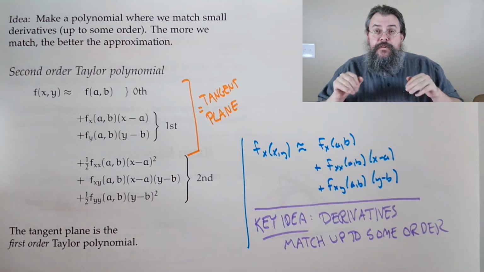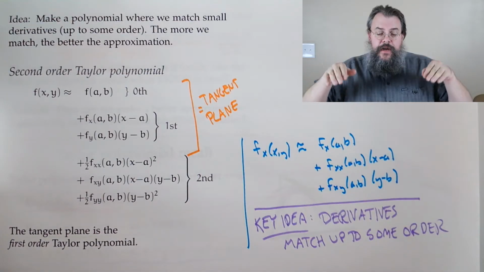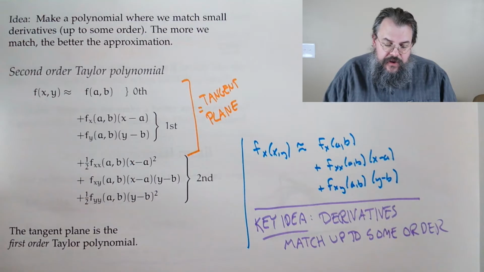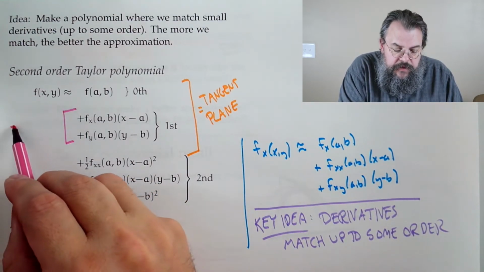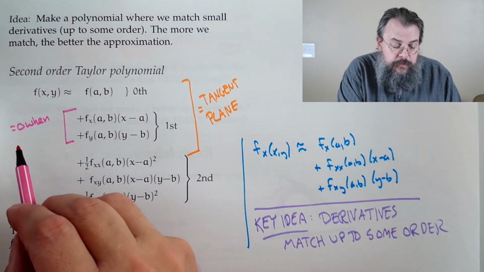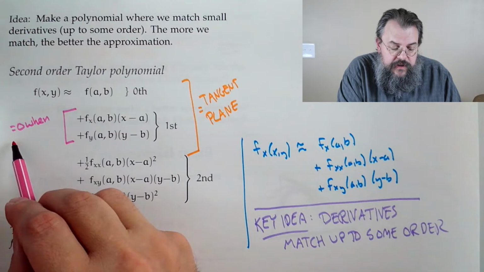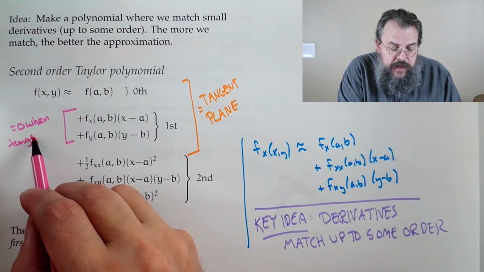So what does it mean to be a flat tangent plane? Well, it means we're not changing in the x or y direction. And so, if we have a flat tangent plane, these are equal to 0, because partial f partial x is 0 and partial f partial y is 0. So this equals 0 when our tangent plane is flat.